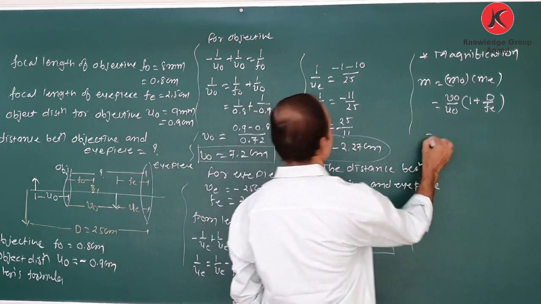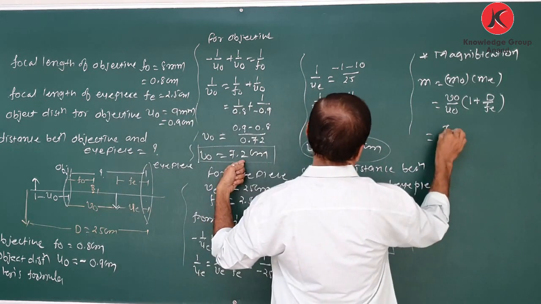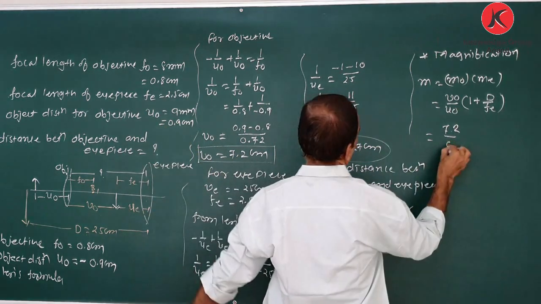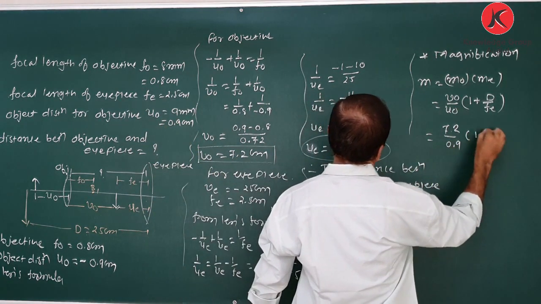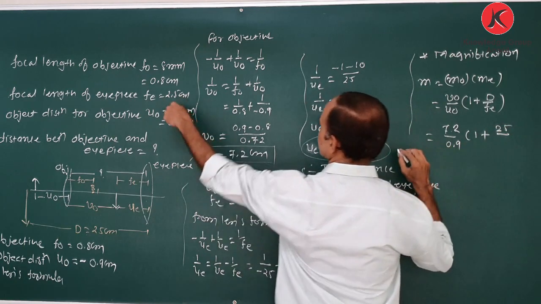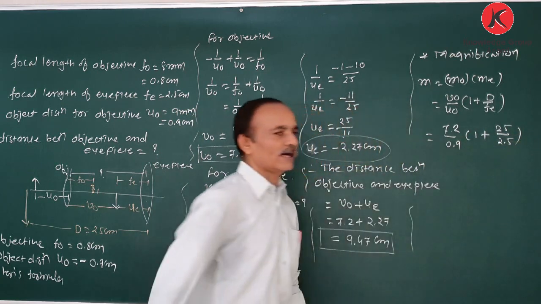Here we substitute the value. Now, what is the V0? 7.2. What is the U0? U0 is 0.9. Here, 1 plus D, 25, FE is 2.5.